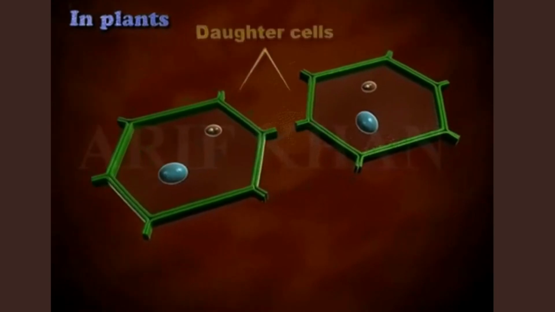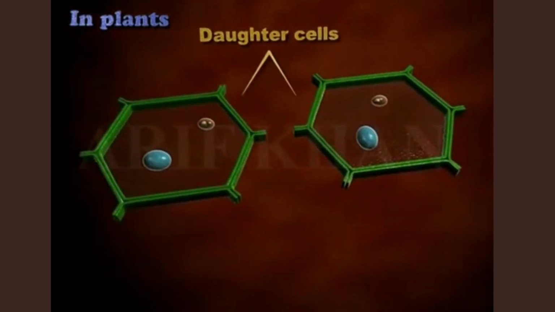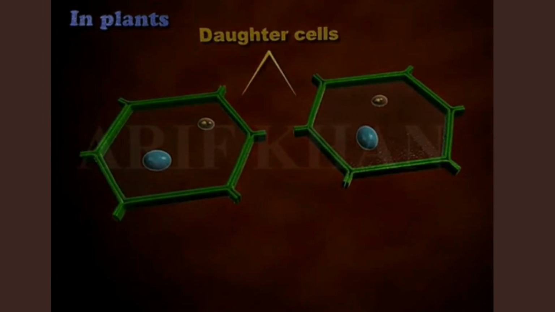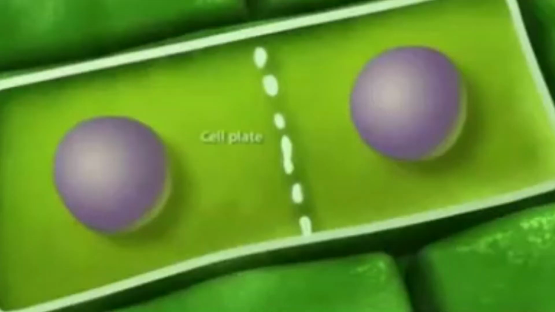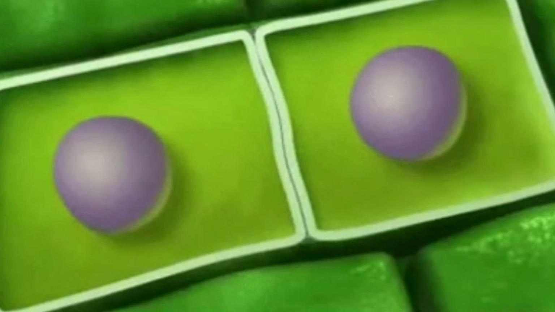The cell wall is a non-living, rigid structure which is secreted by the cell itself. It is a completely permeable membrane, unlike the cell membrane, and protects the plasma membrane and the internal components of the cell. It also separates one cell from the other cell.